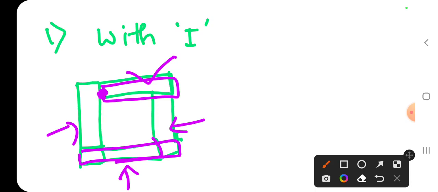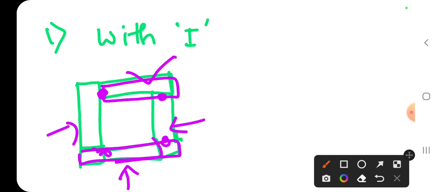Here you need one joint, next here another joint, 3 and 4, like this. Therefore, the core type transformer made up of I-shaped laminations is not at all suggestible.